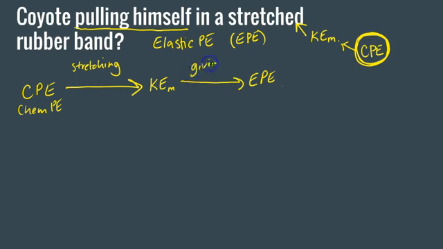So when he stretches it, he turns kinetic energy into elastic potential energy. Now that he's got that elastic potential energy, he's going to let that go so he flies through the air, and that will turn again into kinetic energy of motion. So we have here a chain of energy transformations and transferals.